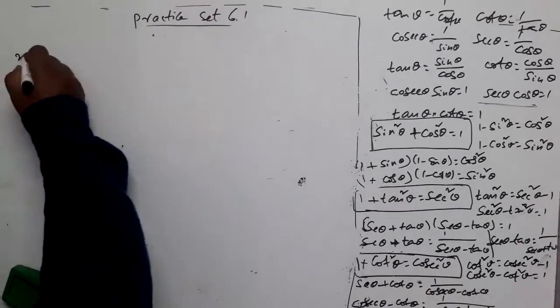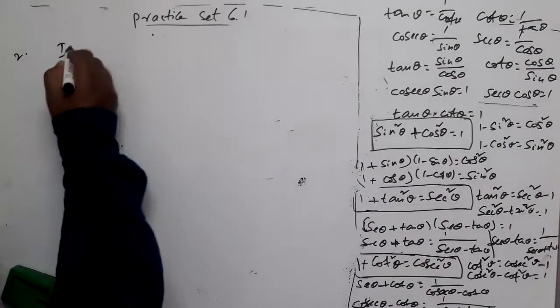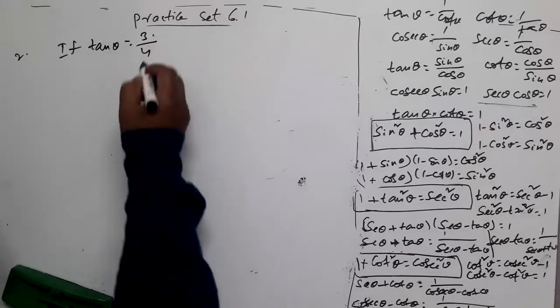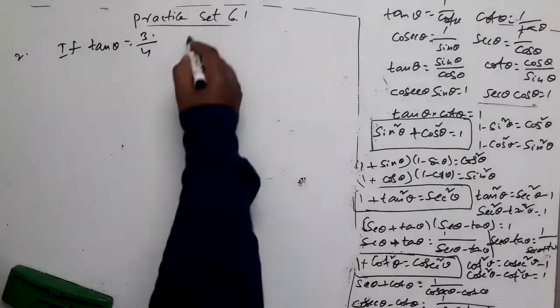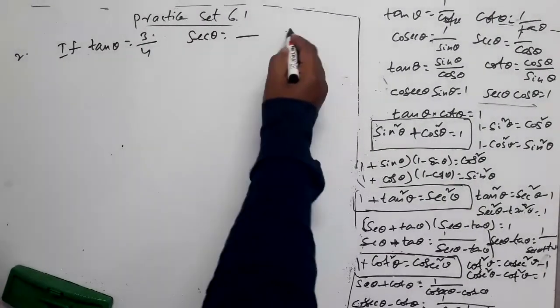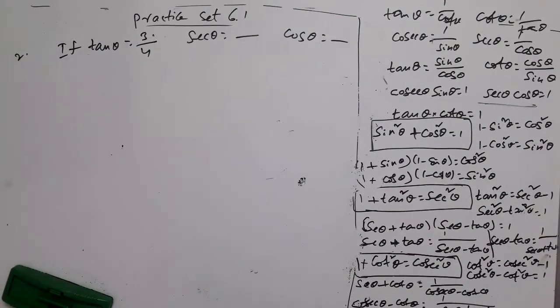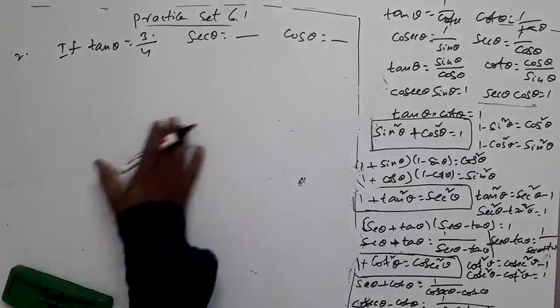Question number 2. If tan theta is 3 by 4, find the values of secant theta and cos theta. This is the question. Here also you can see that one of the 6 trigonometric ratios value is given, tan theta.